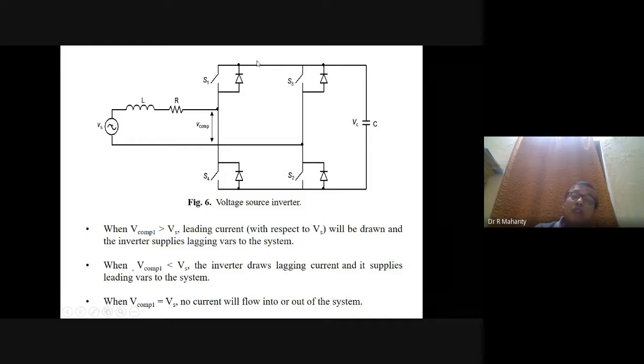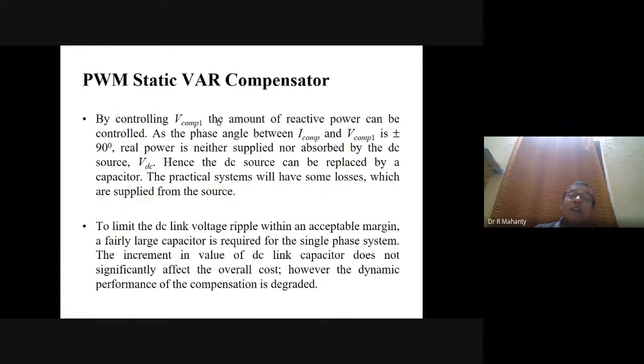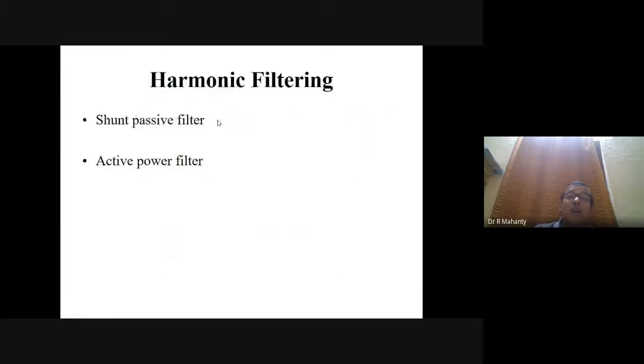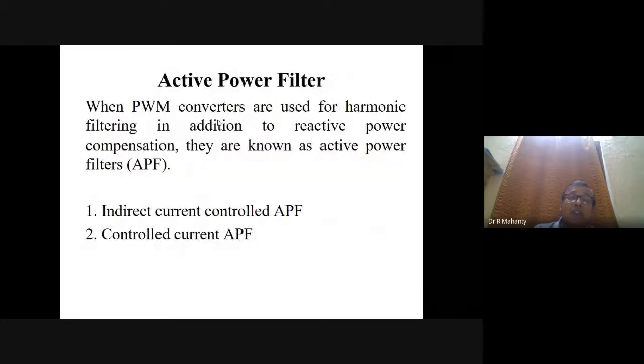Now this converter can be used for reactive power compensation along with harmonic compensation, and in that case it is known as an active power filter. So the active power filter is nothing but the PWM converter or instantaneous VAR compensator, but it is used for reactive power compensation as well as harmonic filtering.